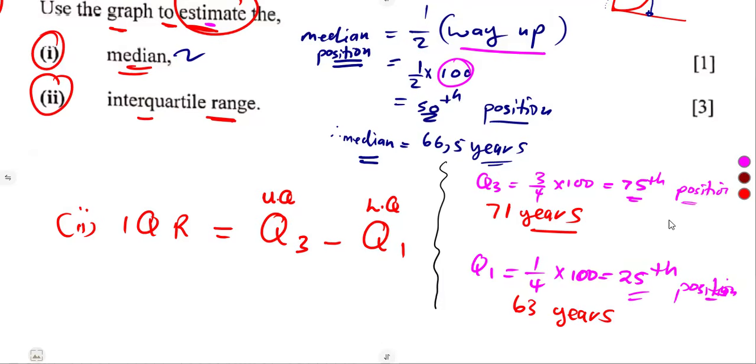So if you've got those commas, is it 71,5? Put those commas. If it's 71,25, yes, put those here. I'm just approximating the values due to the smoothness of the graph. Maybe it affected there. So that is going to be 71, our upper quartile, minus our Q1, which is 63. So you find the difference, 8 years.